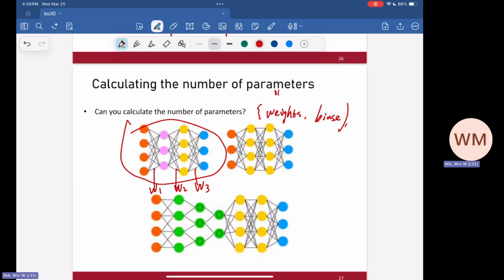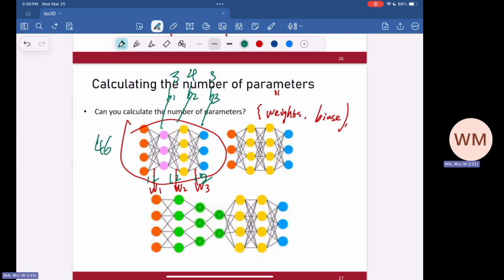Also you have B1, B2, B3. B1 should be 3 dimension, B2 should be 4 dimension, B3 should be 3 dimension, right? 3, 3, 4, 3. So this one is 12, 12, 12. So in this neural network, how many parameters do you have? You have in total 46 parameters in this neural network.